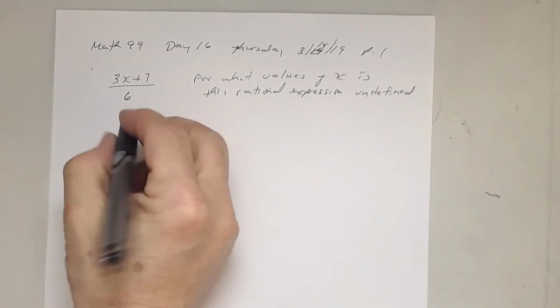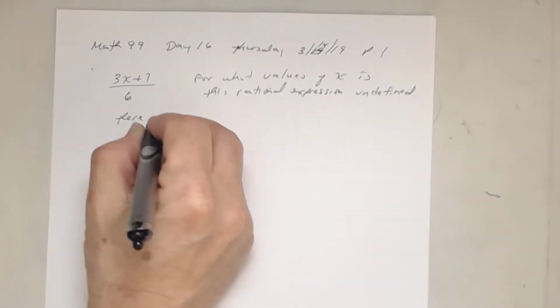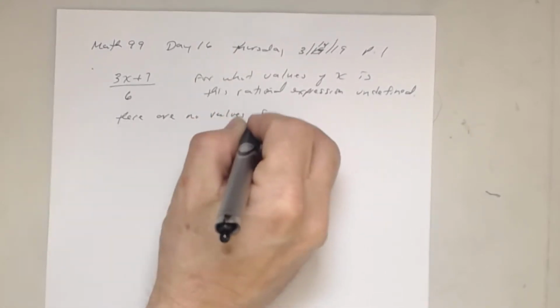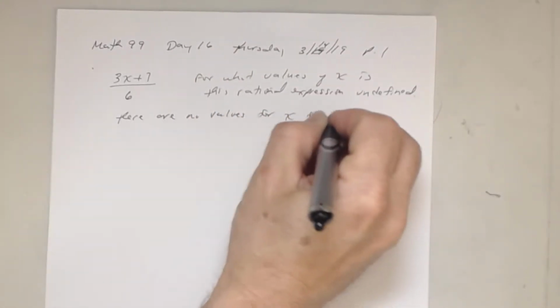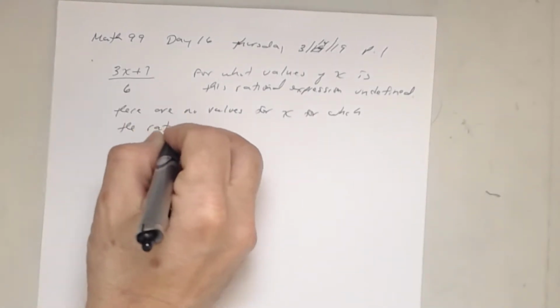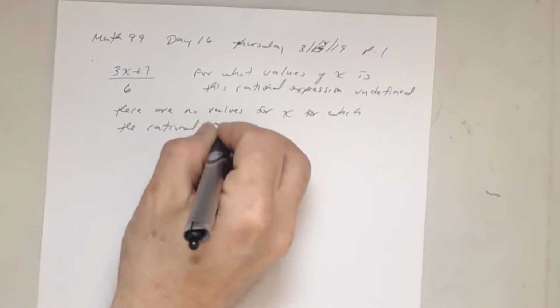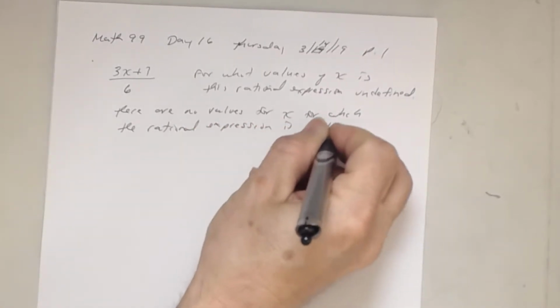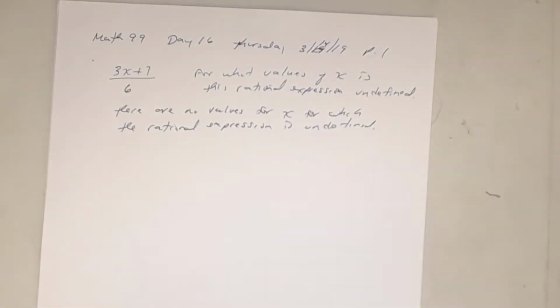No. So there are no values for x for which the rational expression is undefined. In my math lab, there is one where the denominator is just a constant. There's no variable there. So just keep that in mind.